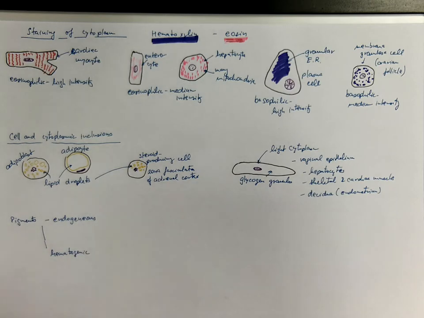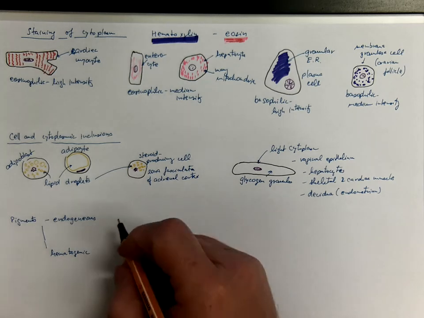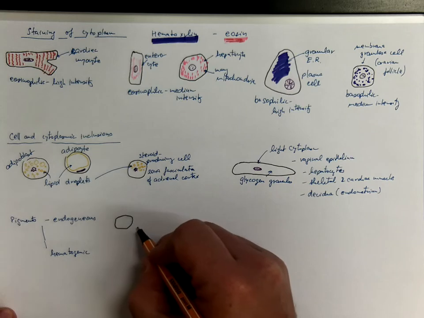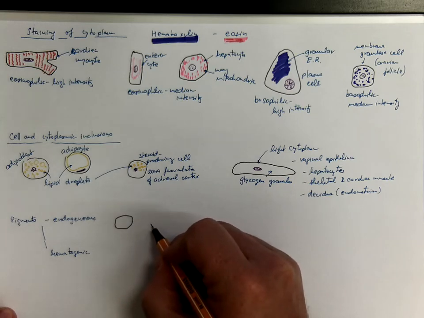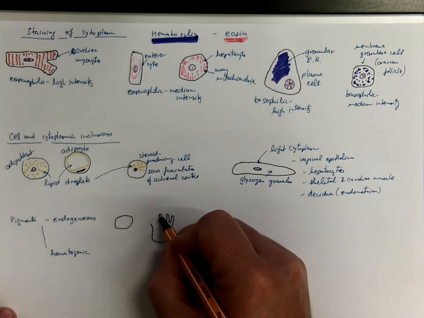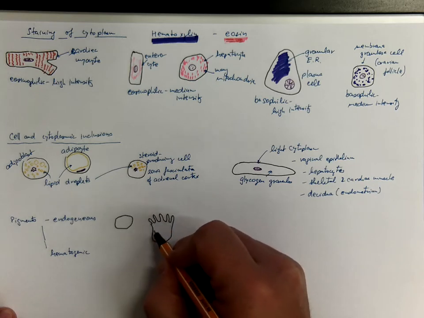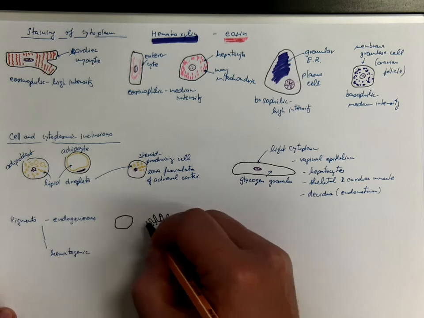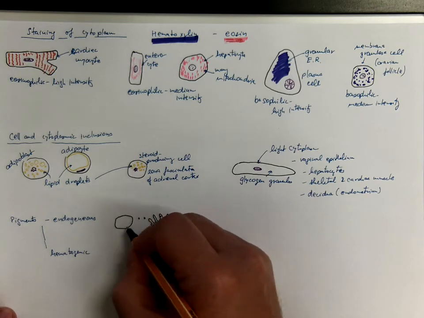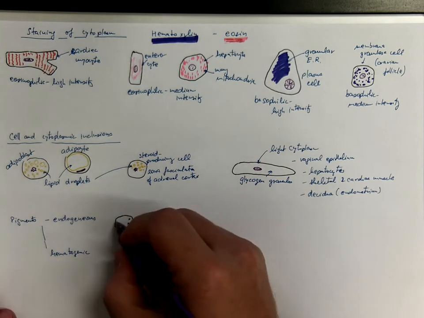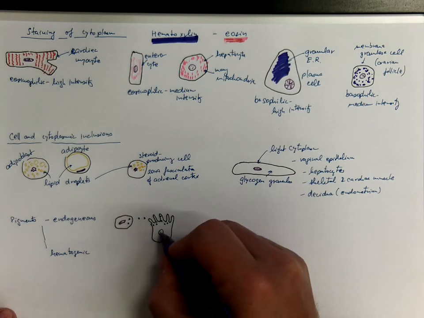The common endogenous pigment would be melanin. It occurs in forms of melanosomes, which are pigment bodies produced in cells called melanocytes, are released to extracellular space and accumulated in adjacent cells, such as cells of the epidermis.